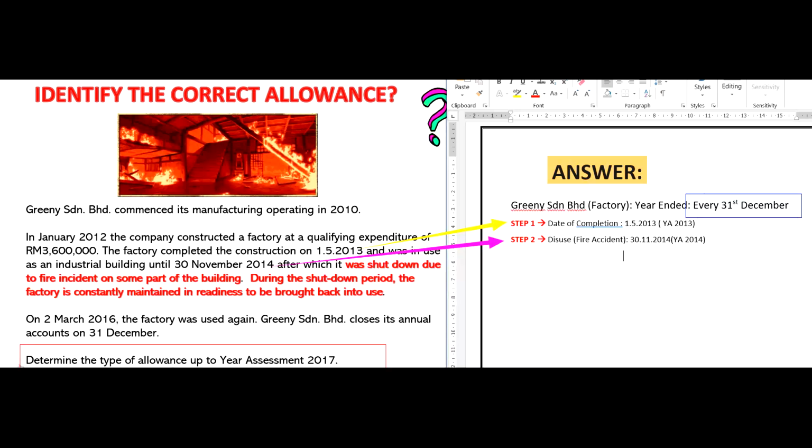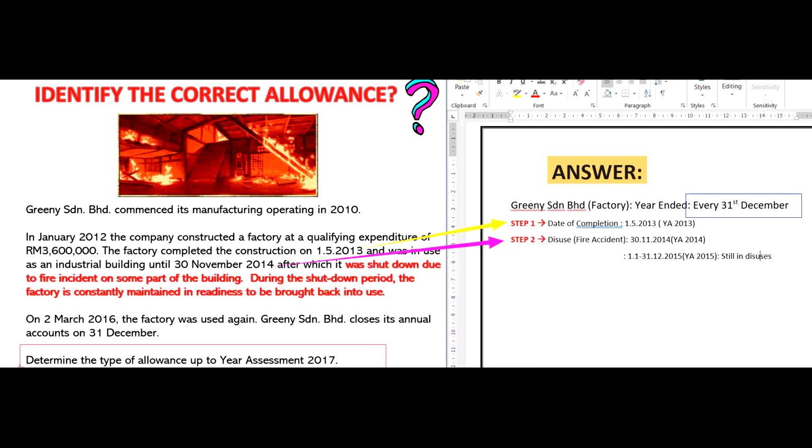What happened in 2015? In 2015, the factory is still in disuse, because the question gives information that on 2nd March 2016, the factory can be used again. So in 2015, the factory is still in disuse.